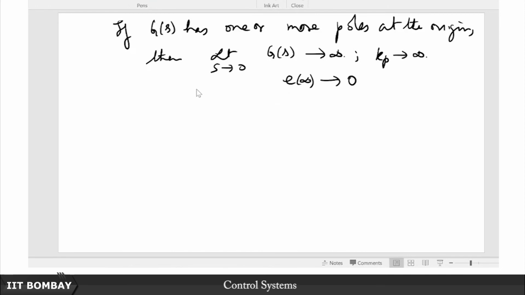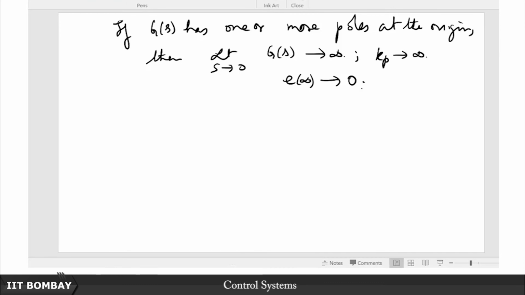So what happens is that the moment you have one or more integral modes, that is poles at the origin, the steady state error due to a unit step will always go to 0. That is an interesting phenomenon that we have now noticed.